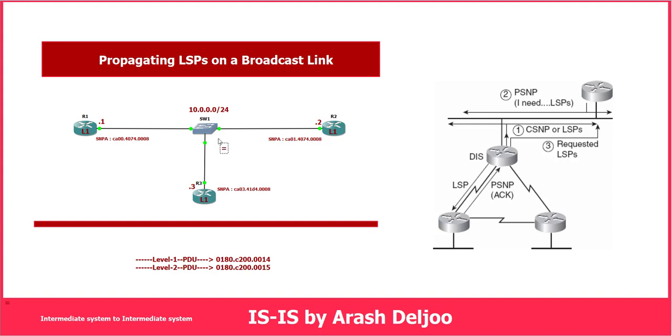For example, if this is our scenario, we have a DIS here, and this is a pseudonode. And this means that the DIS, for example, assume that the DIS is R3, now has this responsibility of representing the pseudonode.